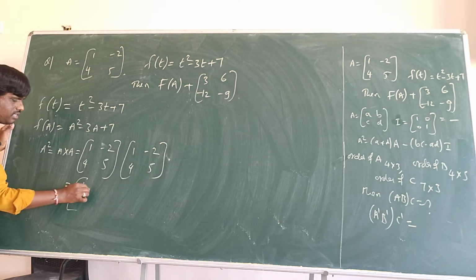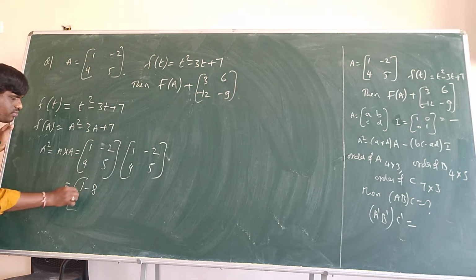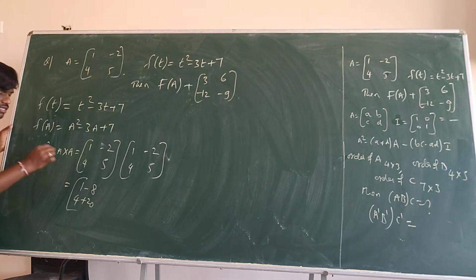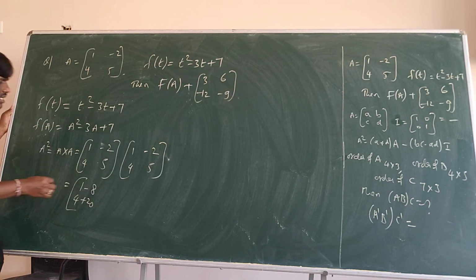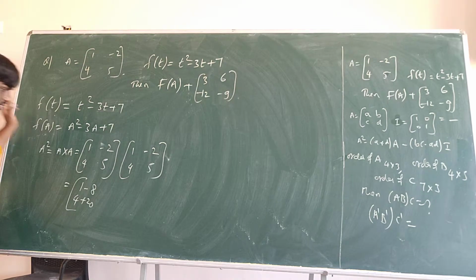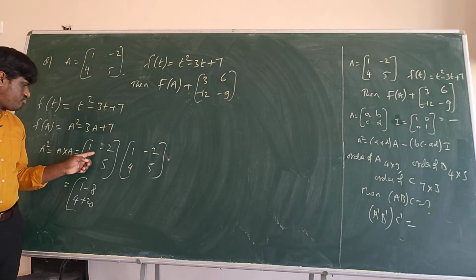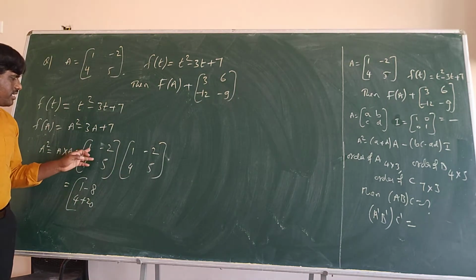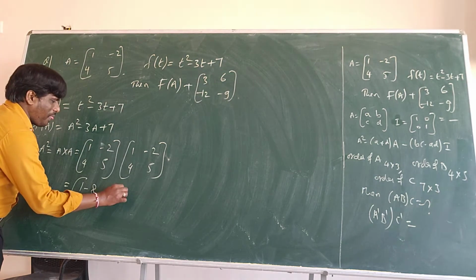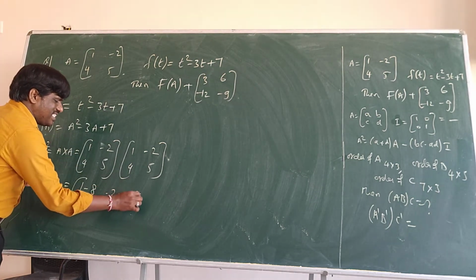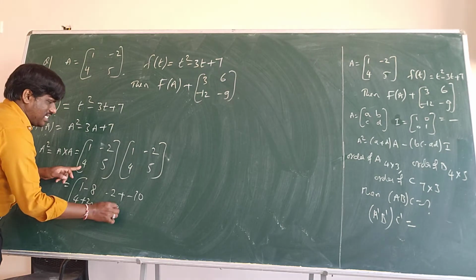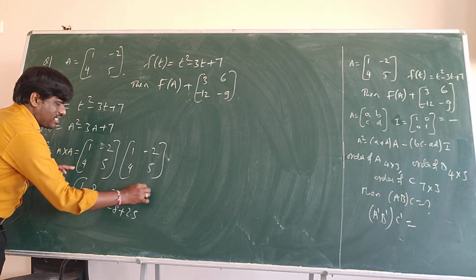1 ones are 1 minus 8, 4 ones are 4 plus 20. Correct? Next what do you get? 1 into minus 2 plus minus 10, minus 8 plus 25. Correct?